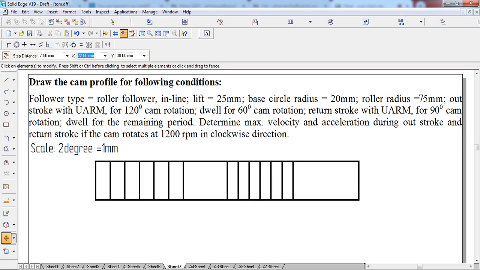And one more thing, suppose you are not able to take the exact length, for example, if 100-degree is given and you want to divide it into 6 equal parts, how will you take it?